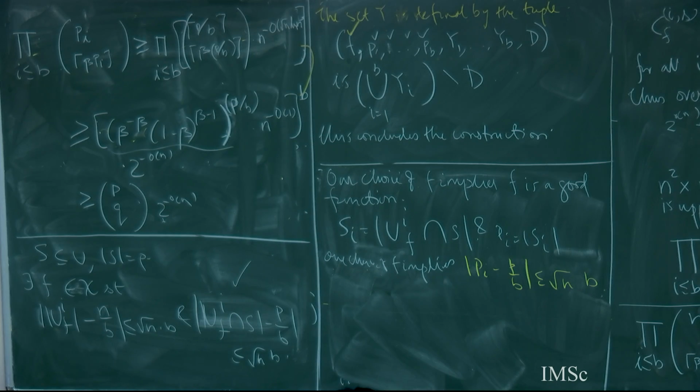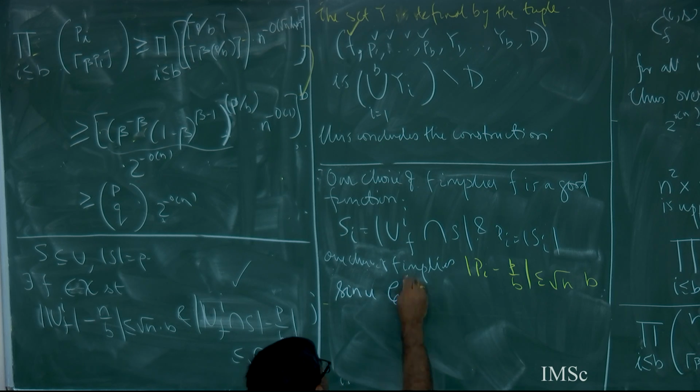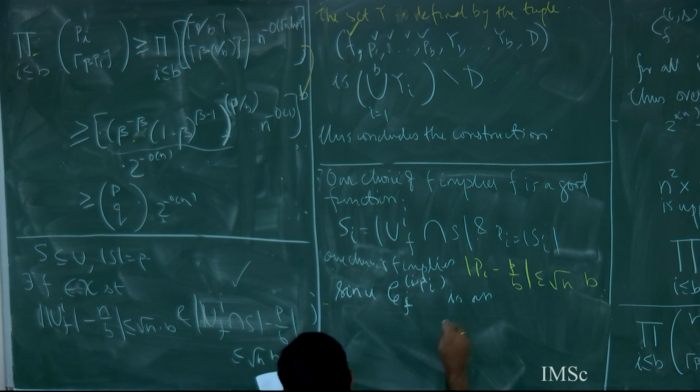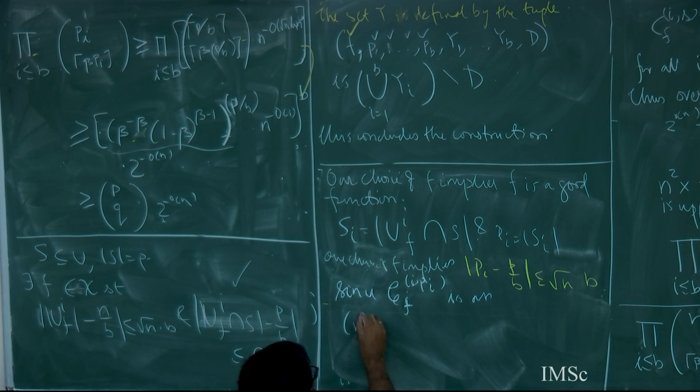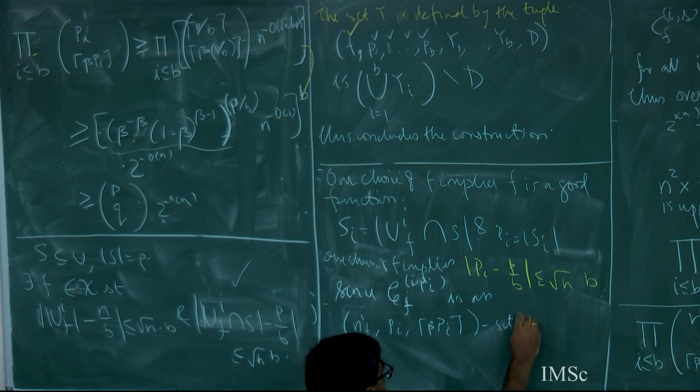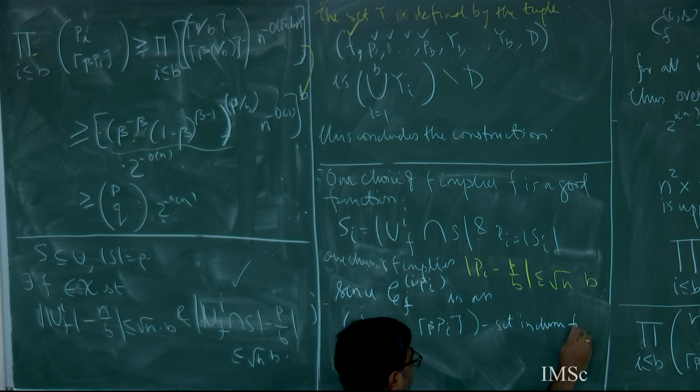Now, what do you know? Since Ci, what are we considering? C f I comma Pi is what? A set inclusion family, an NIF Pi beta Pi set inclusion family, right?